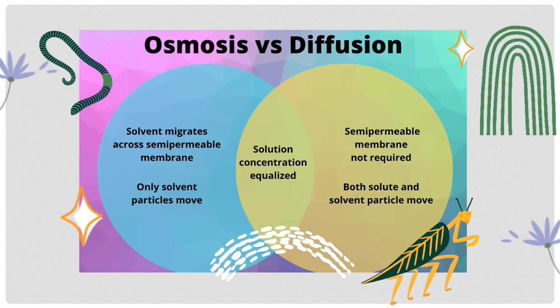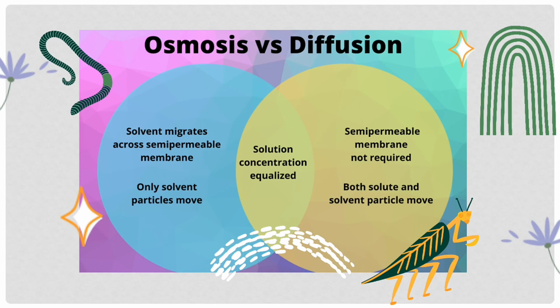But the difference is, number one, osmosis involves solvent migrating across a semi-permeable membrane, that is, it involves a membrane. But in diffusion, no membrane is required for the movement of molecules from one region to the other.